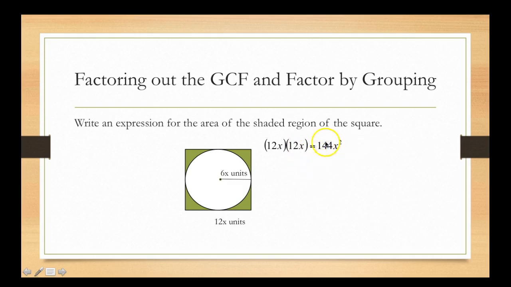So this is the area of the square. This is the area of the circle. And so I take this area of my square minus this area of my circle.